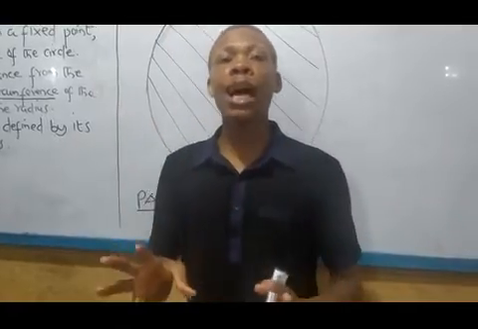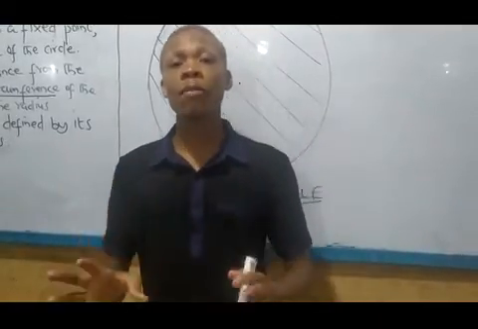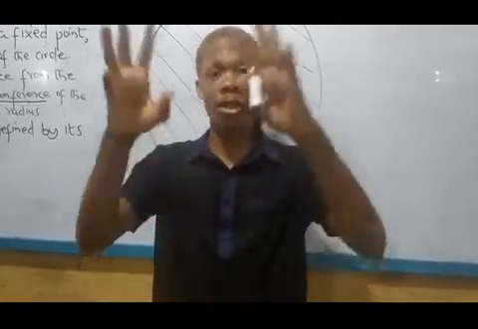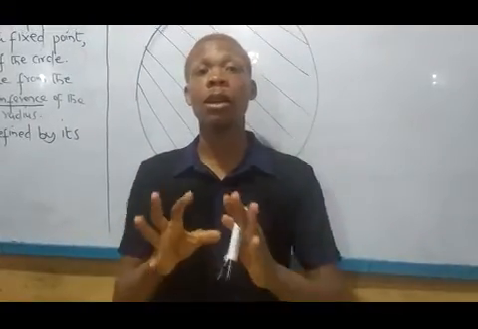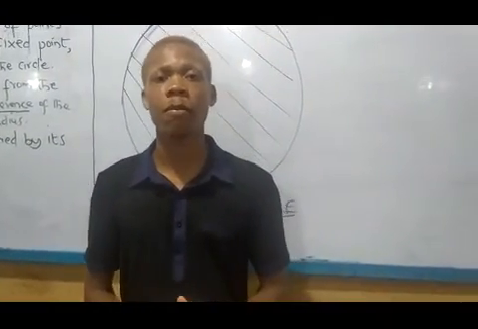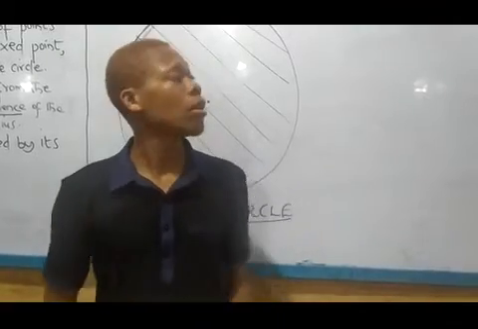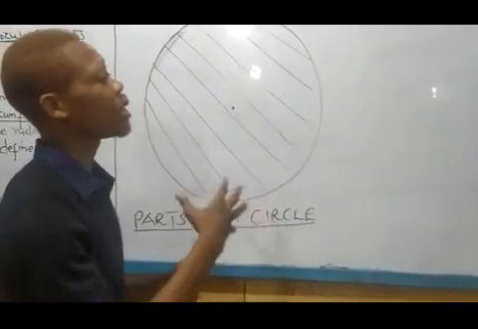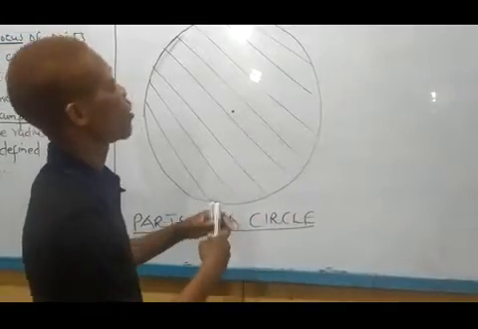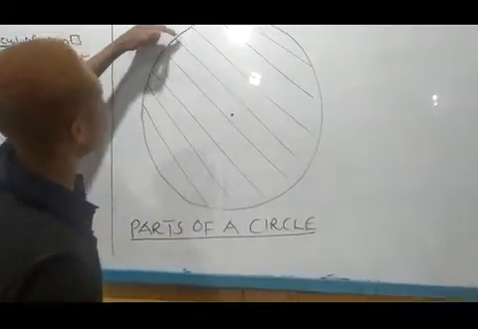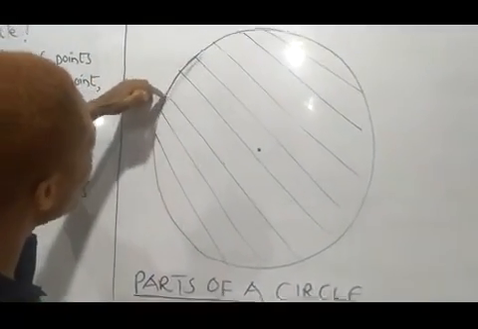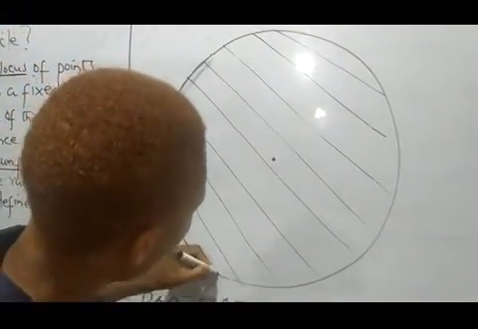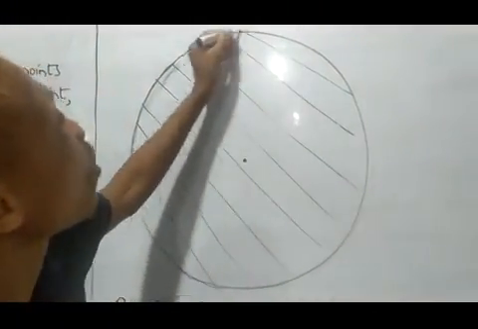Now, the perimeter of any shape is the distance all around the shape. The distance all around the shape is what will give you the perimeter of a figure. So when we say the perimeter of a circle is its circumference, what we are saying is that when you move along the boundary, the edge of this circle, this is what we mean by the circumference.